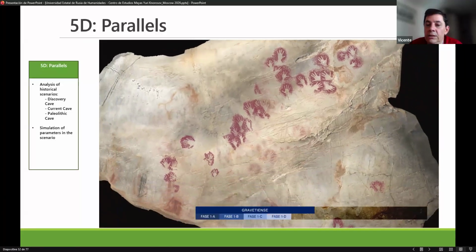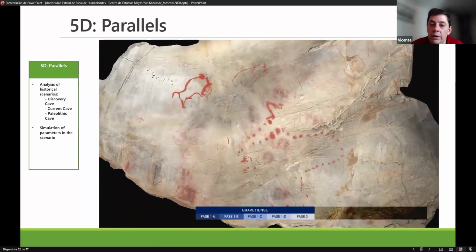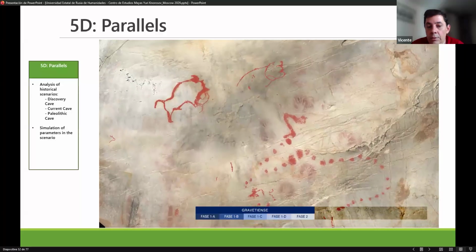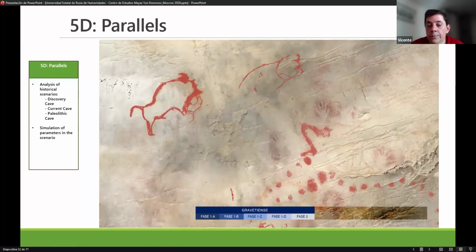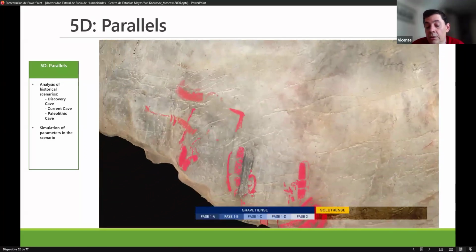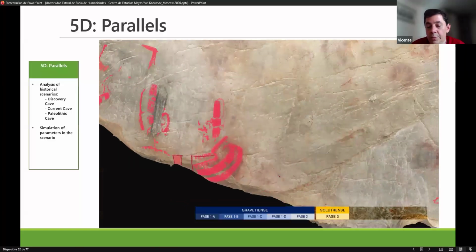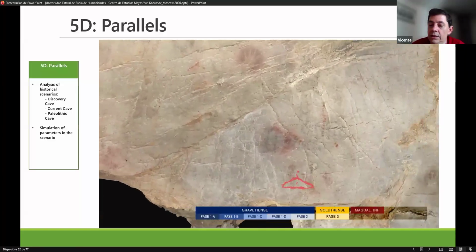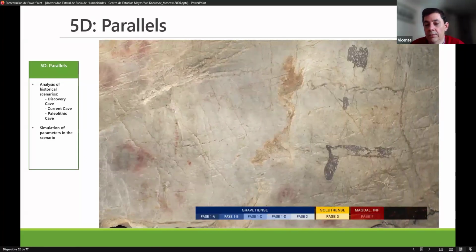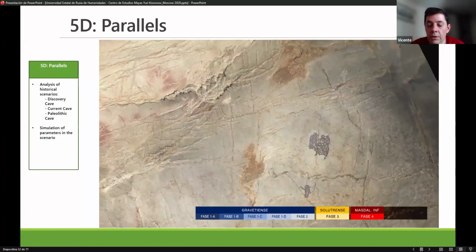And this is the second phase of hands. Usually a debate was whether the hands were above or below the orange animals. With remote sensing and archaeological prospection and studies, you can create this stratigraphy of this ceiling, of this panel of El Castillo cave.